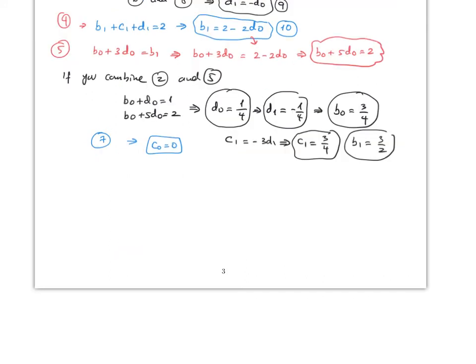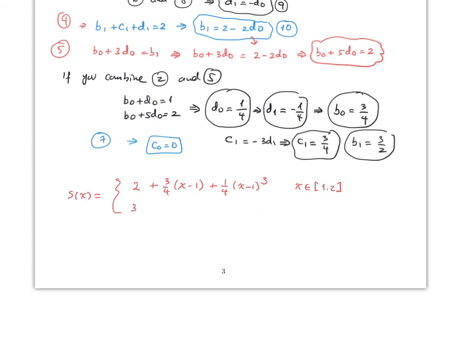Alright, so therefore the cubic spline will be this. It will be 2 plus 3/4 (x minus 1) plus 1/4 (x minus 1) cubed, when x is between 1 and 2.